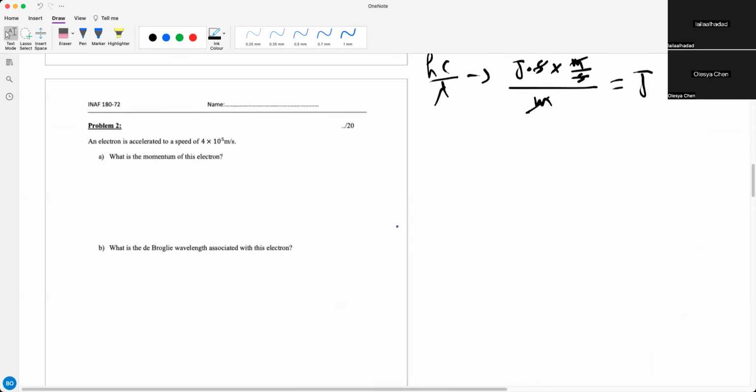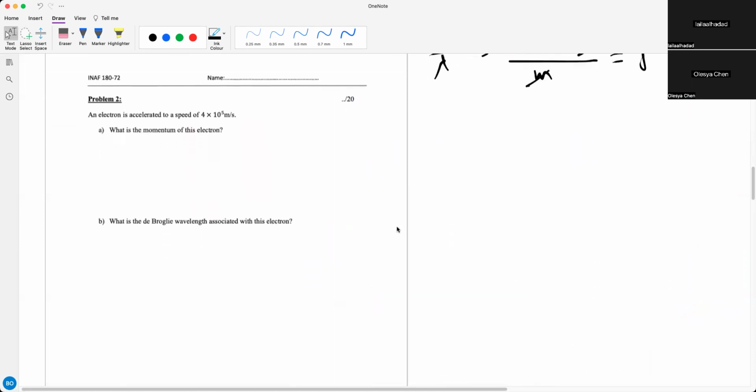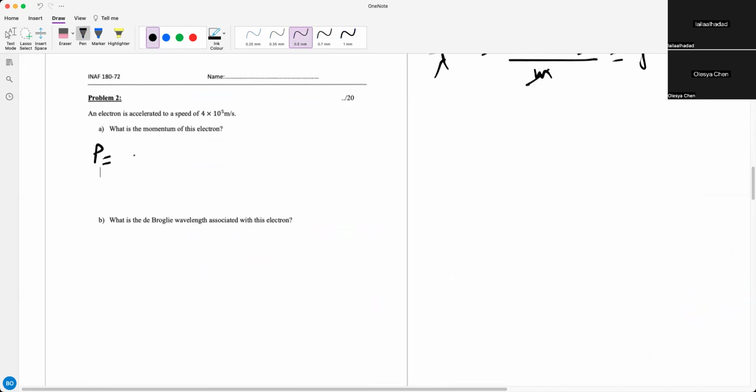Okay, an electron is accelerated at a speed of 4 10 to the power of 5 meters per second. What is the momentum? Do you remember the momentum? Momentum is the mass times the velocity. In fact, here the question is about the de Broglie wavelength. What is the de Broglie wavelength?